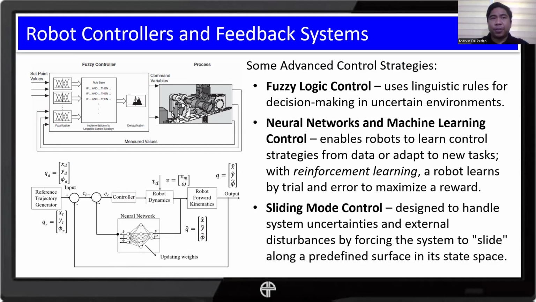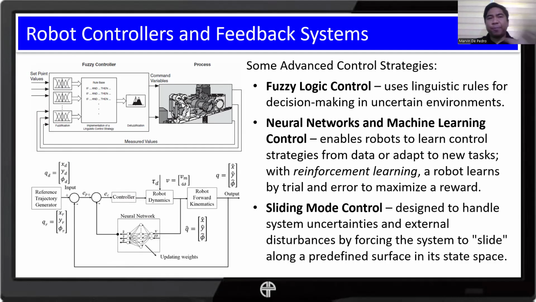Unlike Boolean logic, which has only two possible outputs, fuzzy logic control can have two or more possible logic-based outputs. Fuzzy logic uses linguistic rules for decision making in uncertain environments, linguistic like low, mid, high. We assign ordinal data to our linguistic or nominal values, so we can assign low as 1, mid as 2, and high as 3.